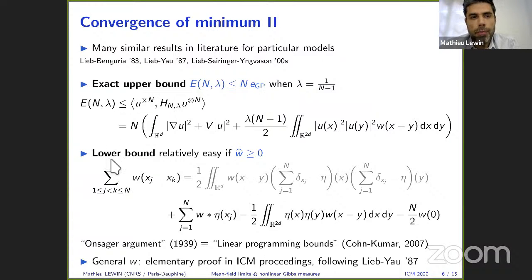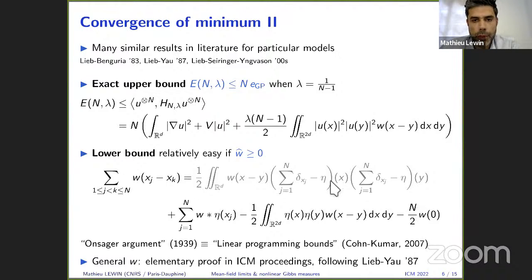So the lower bound is, of course, more complicated, but it's easy if W is positive type. So namely, if W has positive Fourier transform. So in this case, you can use the following trick. You rewrite the double sum. So first, what you do is you add the missing diagonal terms. So here they are. That's the n over 2 times W(0).